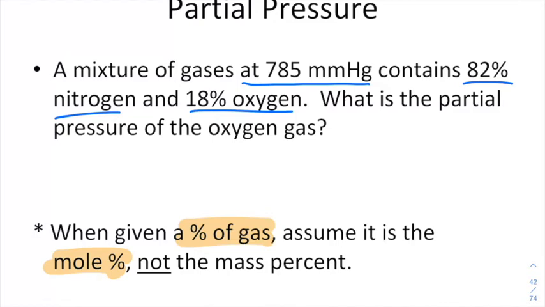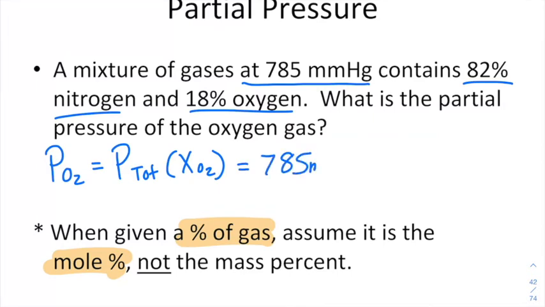All right, so what I'm going to do is I'm going to find that partial pressure of O2. So I'm going to write our partial pressure notation, partial pressure of O2. And it is going to be P total, or we often for short call it P tot, times the mole fraction of O2. So the way this is going to work is 785 millimeters of mercury, and I'm going to take the percentage of oxygen but put it into decimal form.